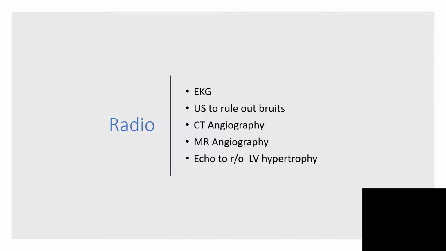If you can listen to my presentation on hypertension in the young, and then you listen to this one, then you'll be able to match the two and you'll be on the right path.